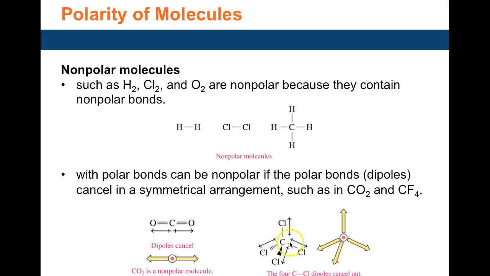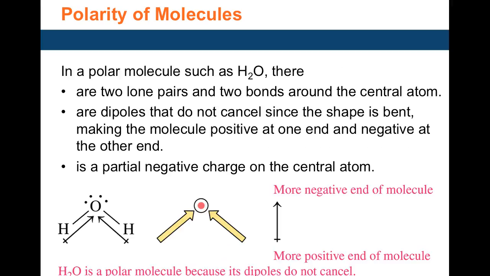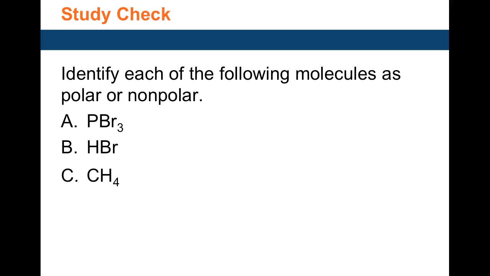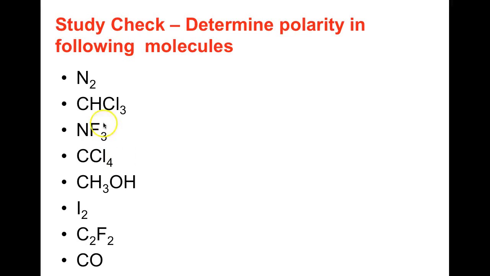So you have two dipoles which will cancel, but nothing to cancel out this dipole. So therefore, CHCl3, which is chloroform, is going to be polar. So again, as I said, asymmetrical molecules with polar bonds are going to be polar.